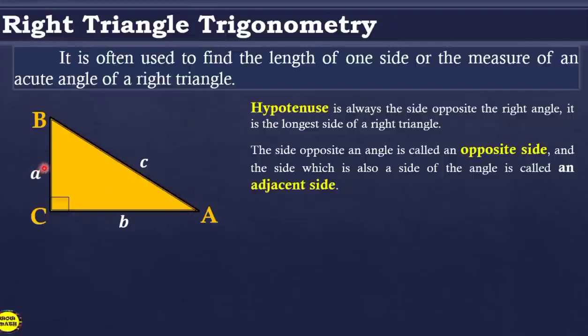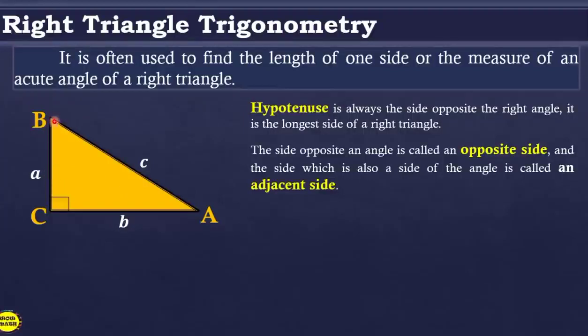And the side adjacent. So pag sinabing adjacent, katabi. So the side adjacent of this opposite side, eto po yun, this is what we call the adjacent side. Okay? So this is your angle, this is the opposite side, this is the adjacent side.